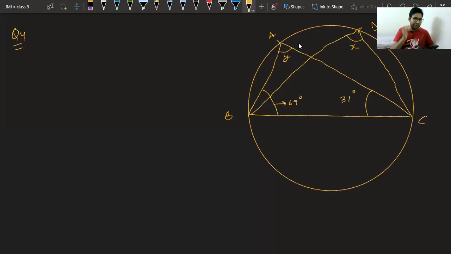And if we can, what is the relation between Y and X? They are equal because we have studied that angles made by an arc at the remaining part are all equal. Or you can say the angles in the same segment are equal. We have studied the theorem, angles in the same segment are equal.